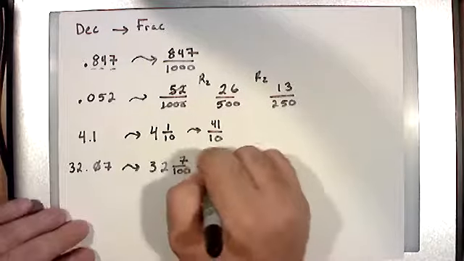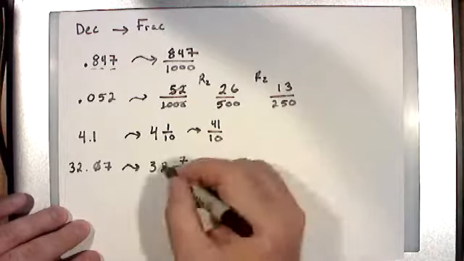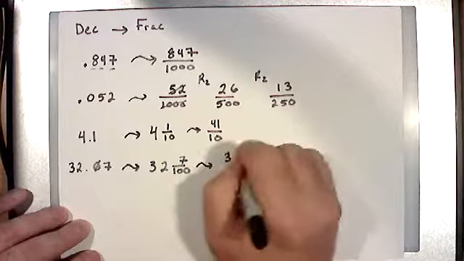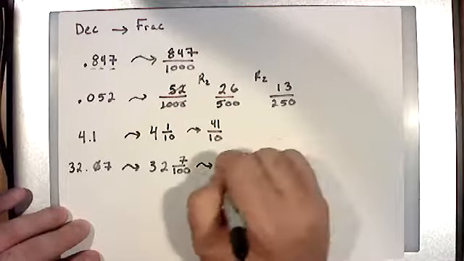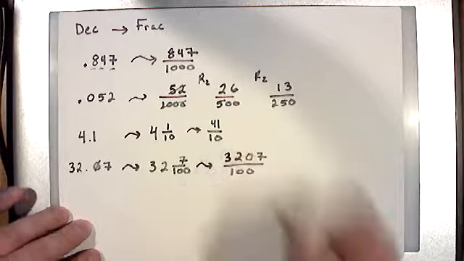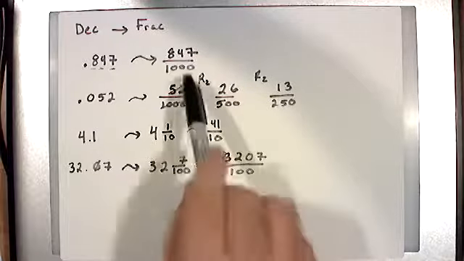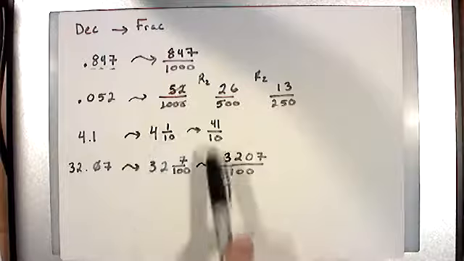And again, if we didn't want a mixed number, we could go ahead and convert that. 32 times 100 is 3,200 plus 7 would be 3,207, still over 100. So it just depends on what the problem asks for. If they don't care about improper versus mixed, then you can just leave them as mixed. If you want, you can convert them to improper.